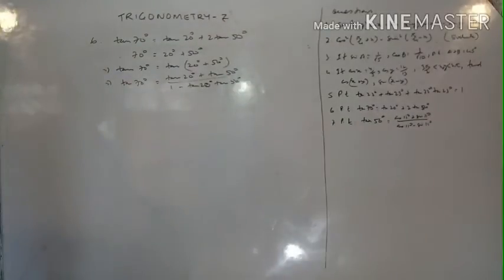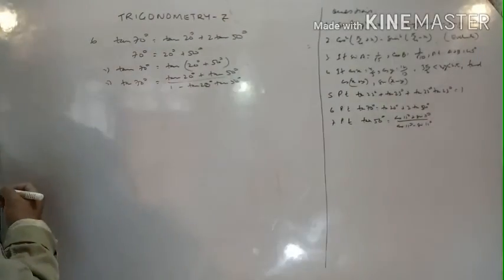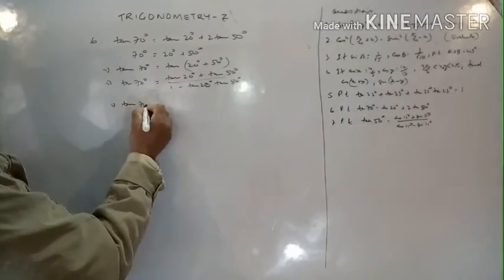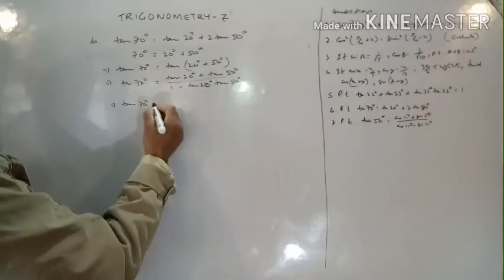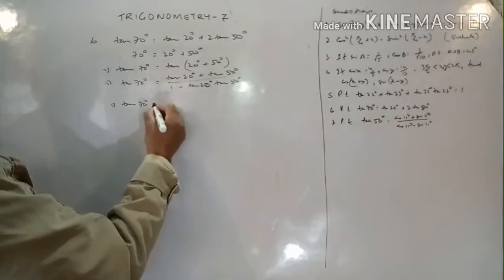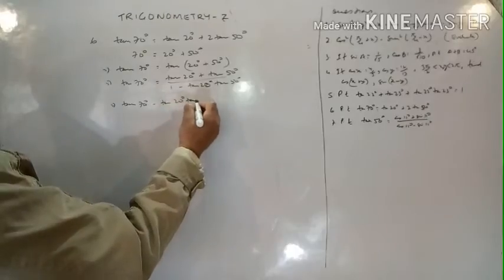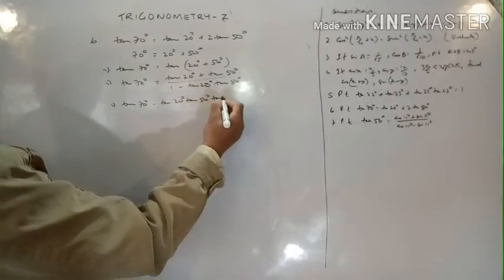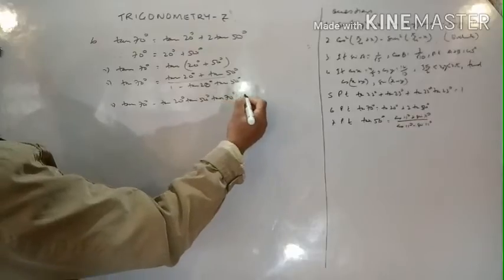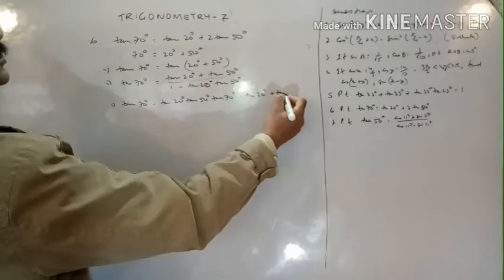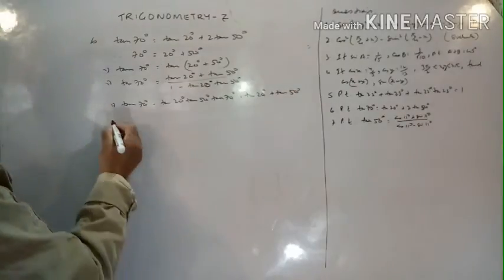If you cross multiply, we get tan 70 degree minus tan 20 degree tan 50 degree tan 70 degree equal to tan 20 degree plus tan 50 degree.